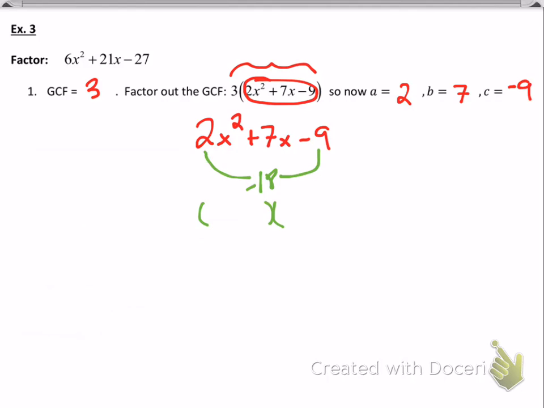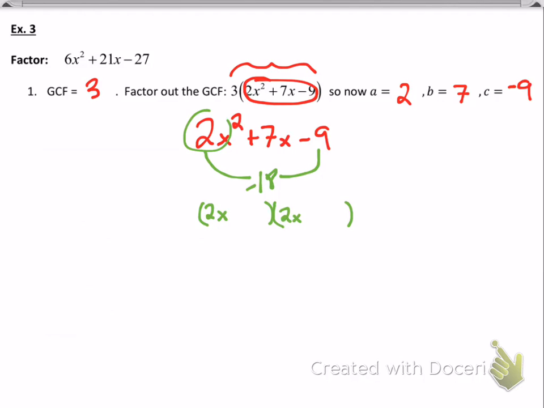Okay, now from here I'm going to create my two binomials, and my first term in each of the binomials is going to be a 2x squared, and a 2x squared. I apologize. It's just going to be 2x and 2x.